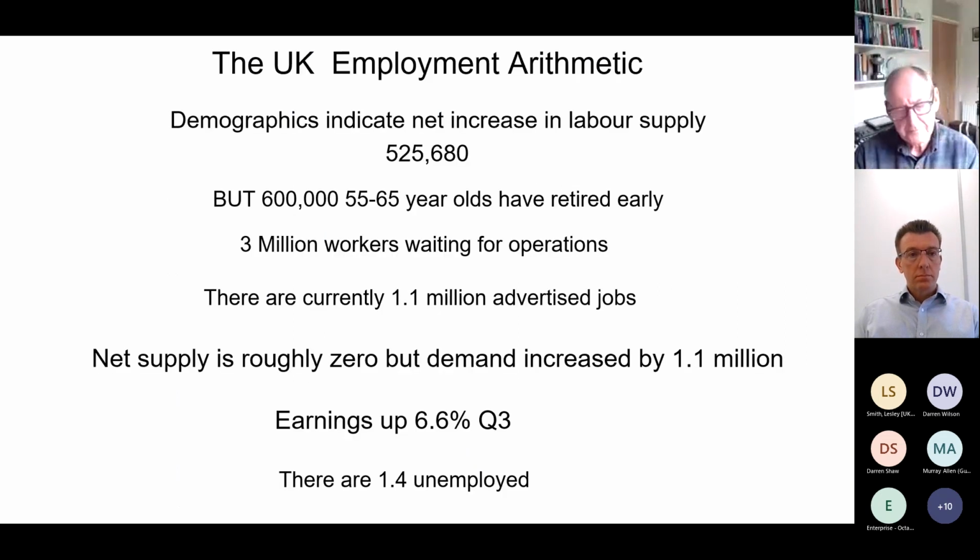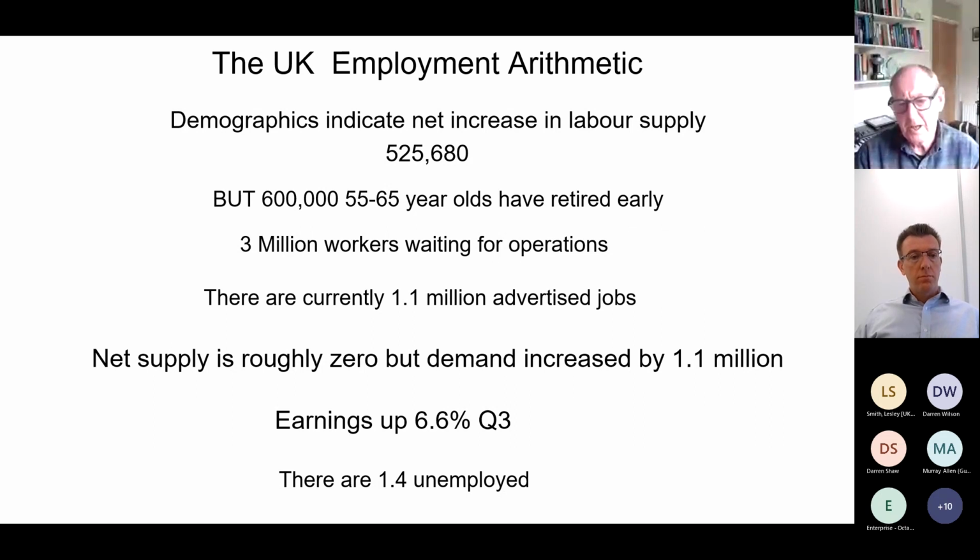Oh, sorry, forgot. Let's look at where we are today. Net increase in labour supply, 525,000, but 600,000 55 to 65-year-olds have retired early. And we've got 3 million people in work, but waiting for operations. So I'm not sure how good their productivity might be. And we've got currently 1.1 million advertised jobs.